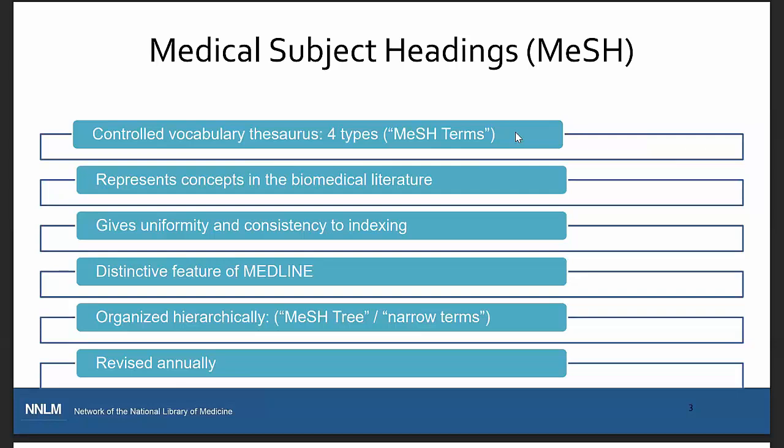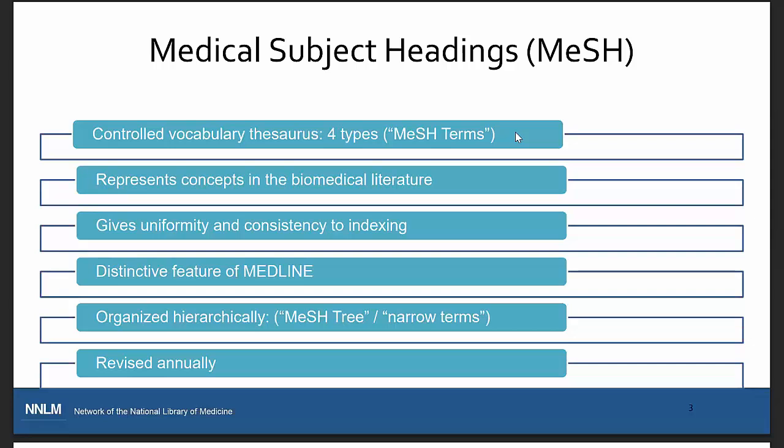Because there can be many ways to describe a single concept, MeSH provides a way to connect the possible variant terms to the preferred MeSH heading, which gives uniformity and consistency to indexing and cataloging. Note that in PubMed, MeSH is applied only to citations that are indexed for Medline. Citations indexed for Medline make up the vast majority of PubMed citations.